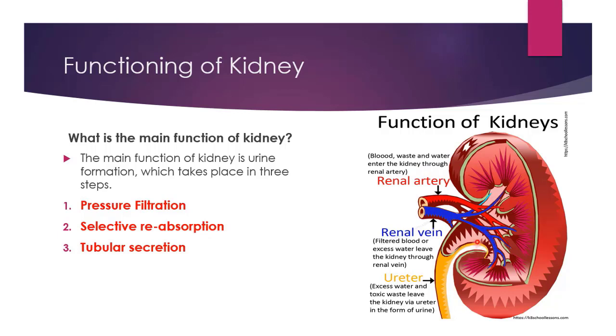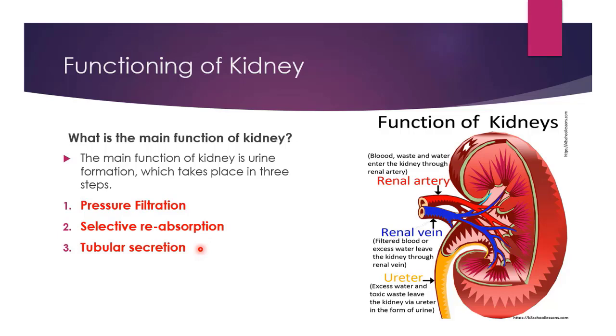And after filtration, this filtered blood leaves the kidney through this renal vein. And the excess water and toxic waste, which is unnecessary or harmful for your body, leaves the kidney via ureter in the form of urine. So this urine formation is the main function of kidney, which involves these three important steps.